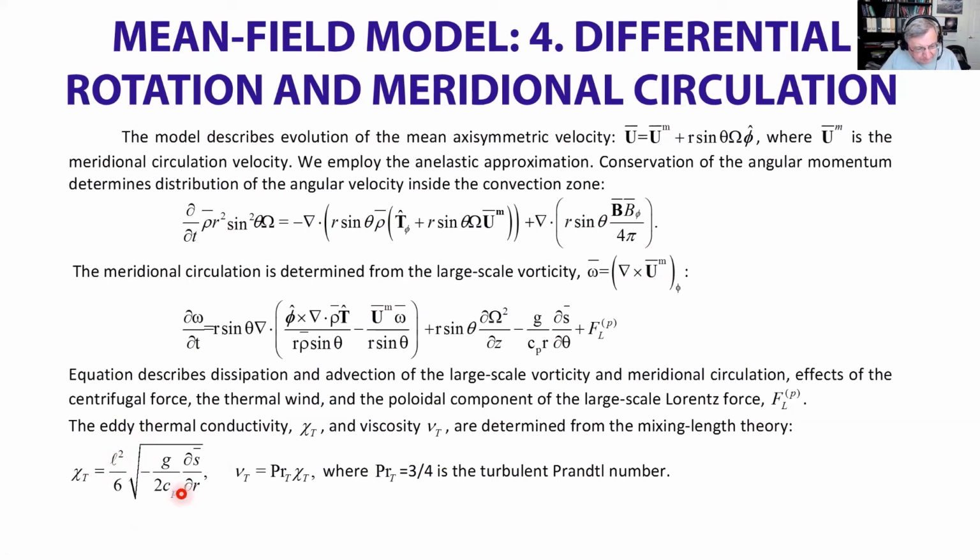It also depends on the gradient of entropy, which is not prescribed; the entropy is calculated in the theory. And g is the gravitational acceleration, and that's c_p. So this is how the model works, what equations are solved.